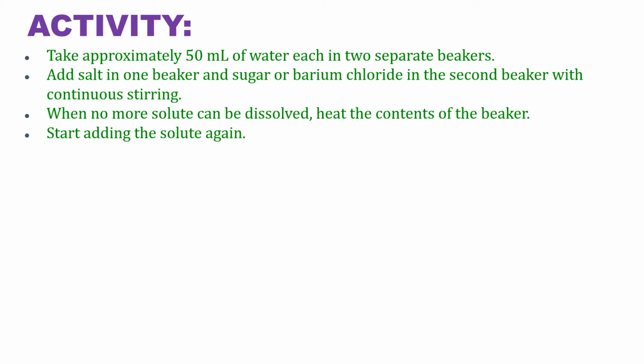Take approximately 50 ml of water in two separate beakers. Add salt in one beaker and sugar or barium chloride in the second beaker with continuous stirring. When no more solute can be dissolved, heat the contents of the beaker and start adding the solute again.